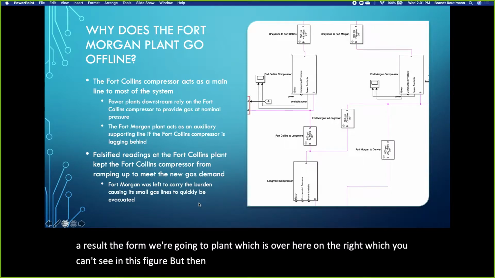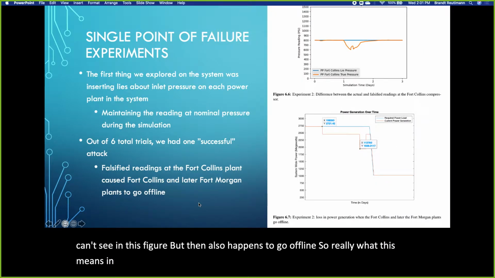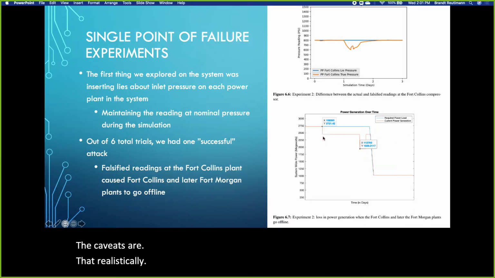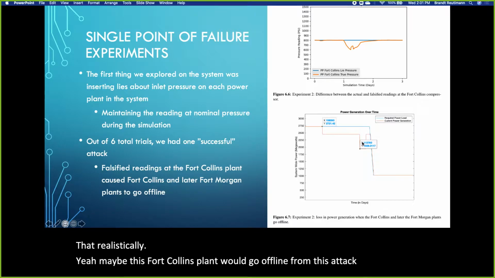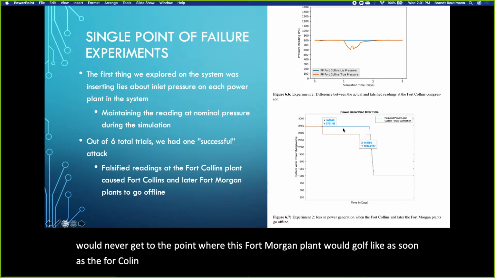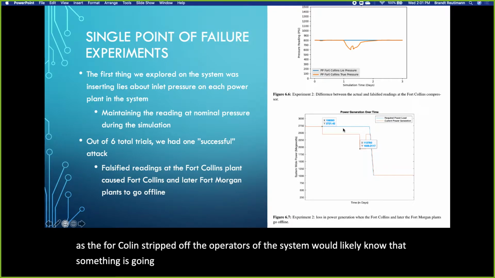So really, what this means in this single point of failure attack, first of all, the caveats are that realistically, maybe this Fort Collins plant would go offline from this attack, but you would never get to the point where the Fort Morgan plant would go offline, because as soon as Fort Collins tripped off, the operators of the system would likely know that something is going wrong, right? And they would be able to make corrections.